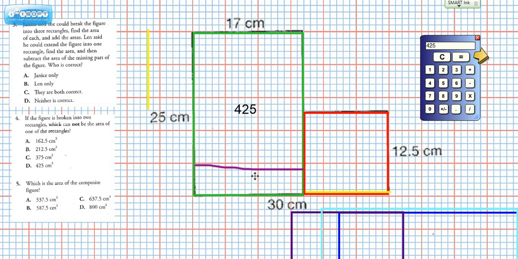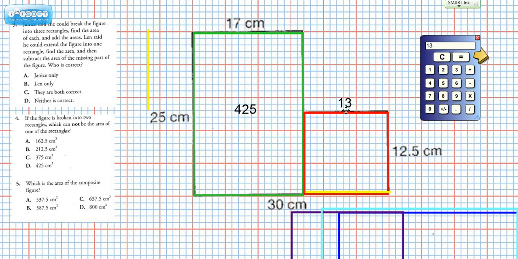Which means that down here would also be 17. So 17 plus something would equal 30. Let's figure out the something. All right, and we get 13. So that's the length of this piece right here. All right, so now, let me delete that purple line so we don't get confused.